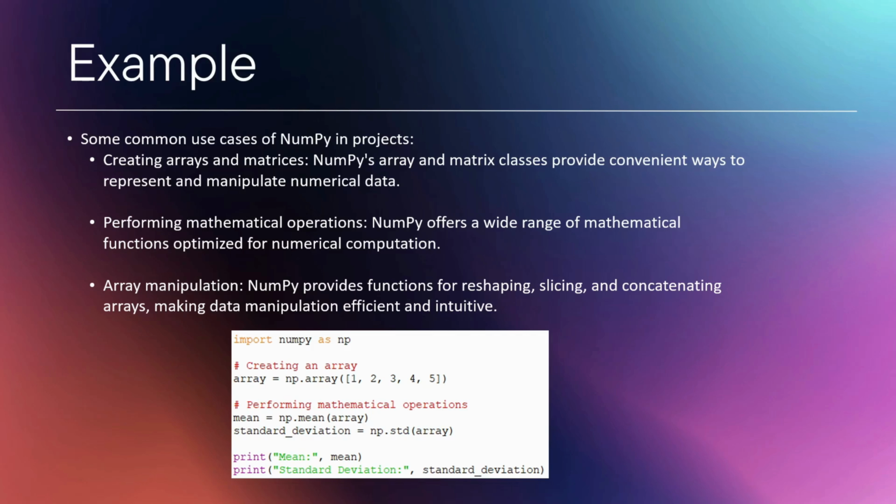So instead of using ordinary lists in Python, some operations, if we use NumPy, are much quicker and faster. So this is why we prefer using NumPy sometimes. And array manipulation. It provides a lot of functions for reshaping, slicing, concatenating arrays, and everything. So it makes our code a lot smaller, a lot easier, and much more efficient.